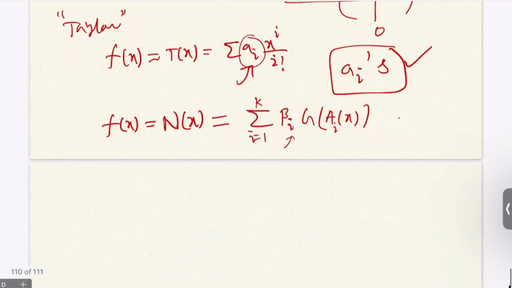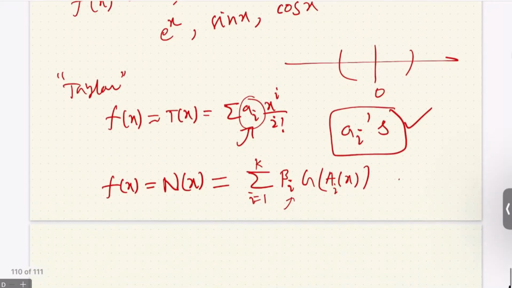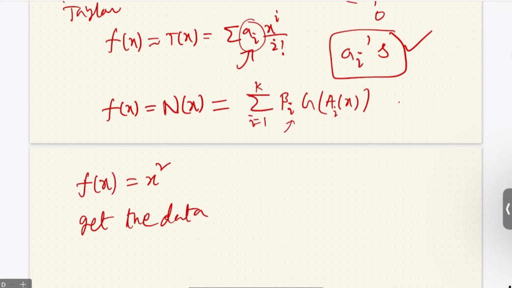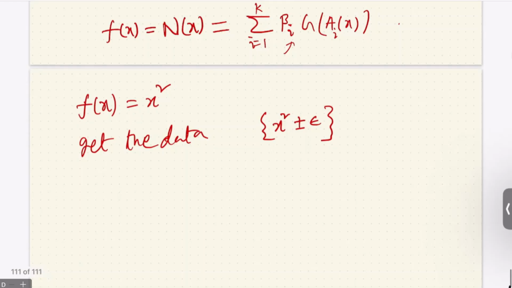So now take data, not from the function, but data of a particular function. Let's say you take f of x equal to x square and get the data from x square. Don't take exactly x square, take x square plus or minus epsilon, where epsilon is some noise you are adding to the original data.